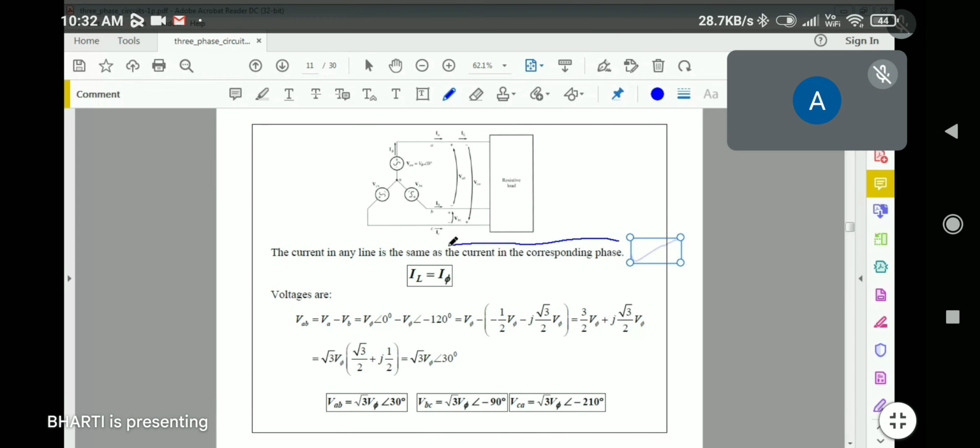You need not forget this line and this expression in case of star connected circuits. The line current, or current in any line, is same as the current in the corresponding phase. That means in case of star connected circuit, IL is equal to I phase.